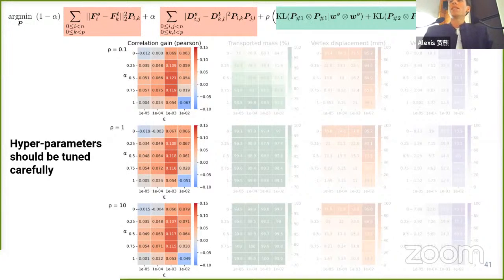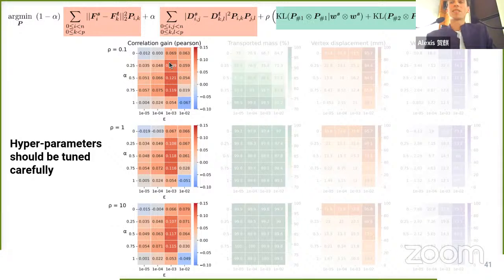One of the main impediments of these methods, though, is that the number of hyperparameters that we need to tune is quite high. What I'm showing you here is a cross-validation table where we have varied all possible values of alpha, rho, and epsilon. I won't go too much into the details. Mostly the idea is that if you put reasonable values for these hyperparameters, you'll get some gain.